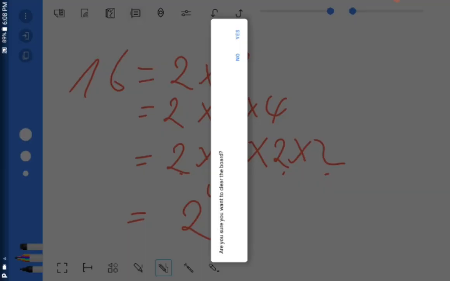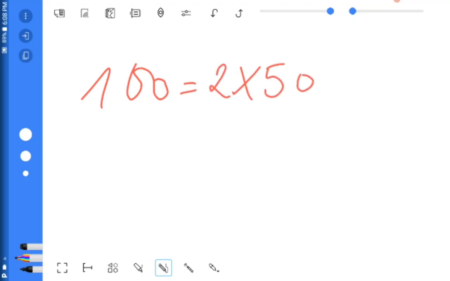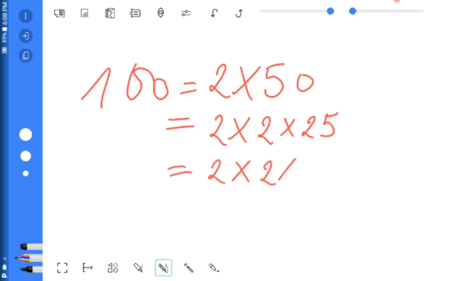We are going to do another one. We are going to do 100. 100 is equal to 2 times 50, which is the same as 2 times, now this 50 is the same as 2 times 25, which is the same as 2 times 2 times.